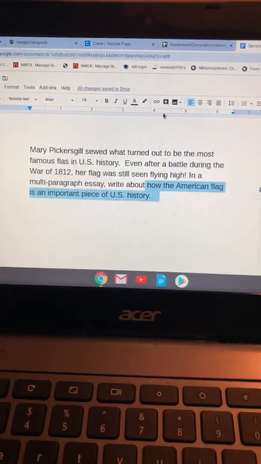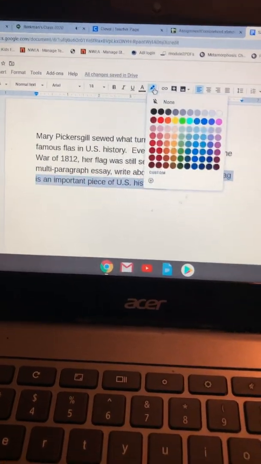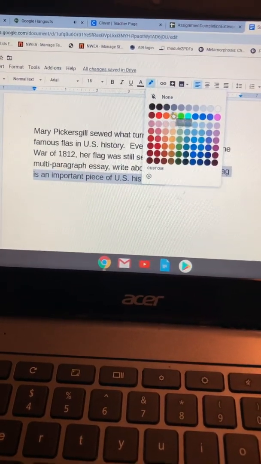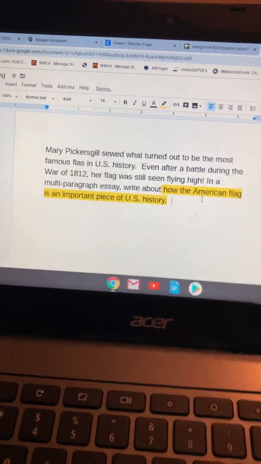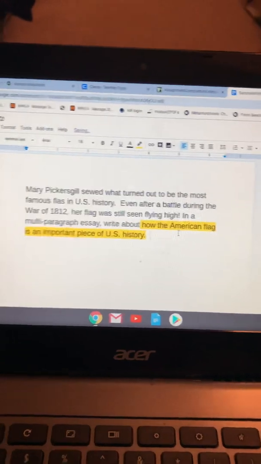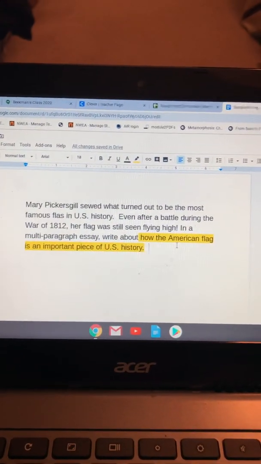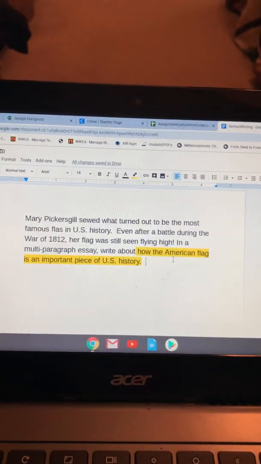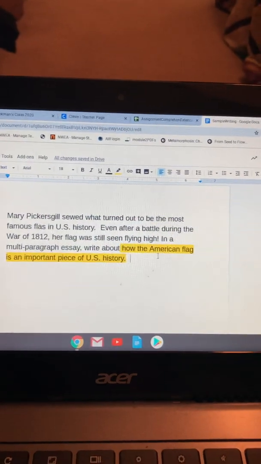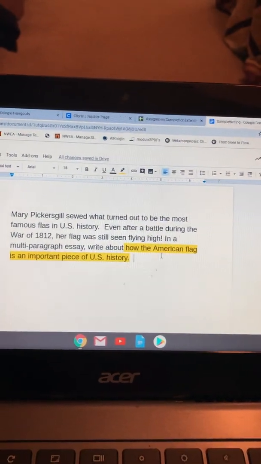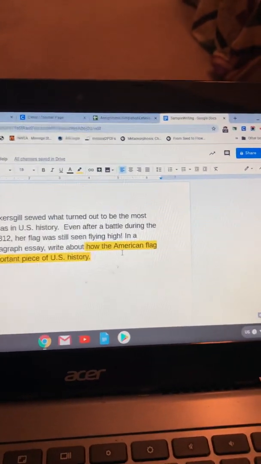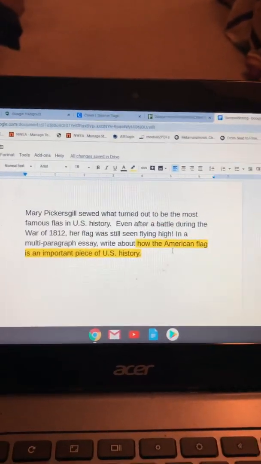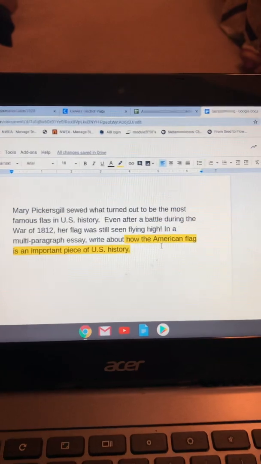I say highlight the actual prompt, the actual thing that you're supposed to be writing about, and we usually make it yellow. That way, as they're writing, they can look and say, okay, what am I writing about again? Oh, I'm writing how the flag is an important part of U.S. history.